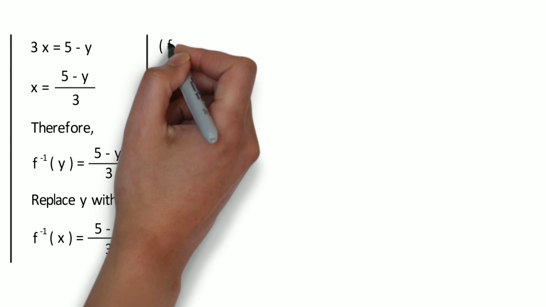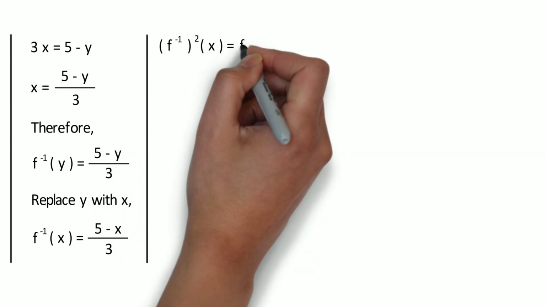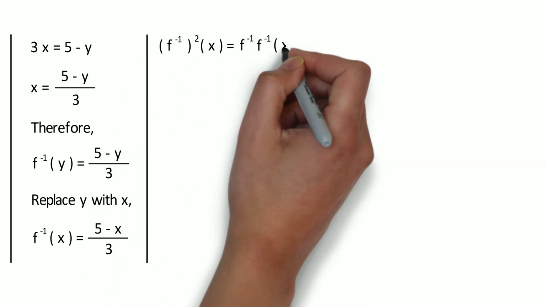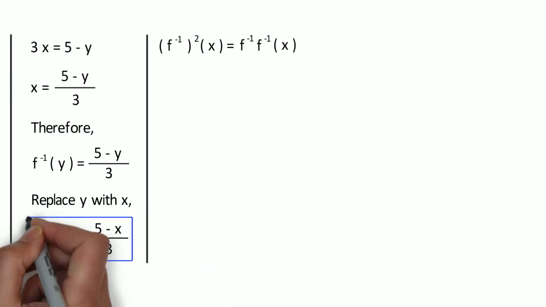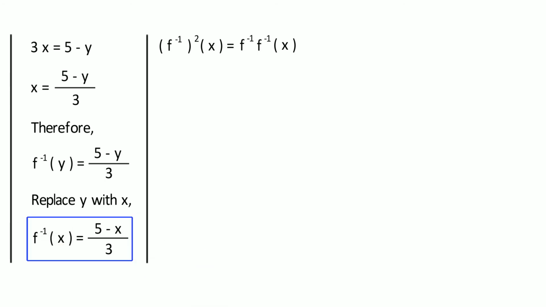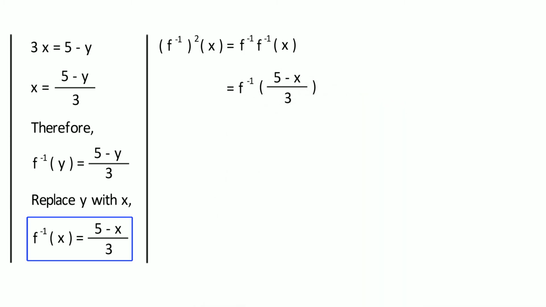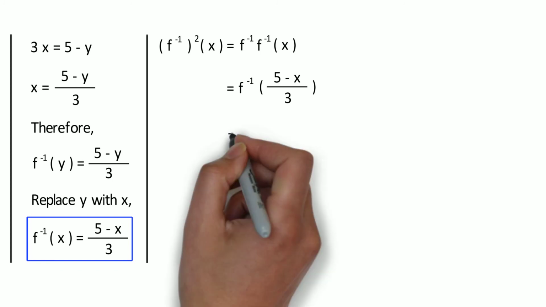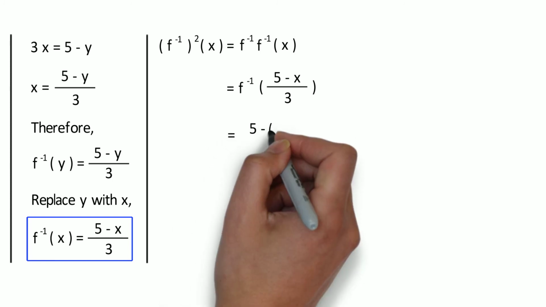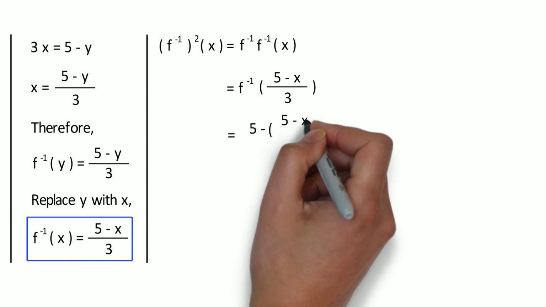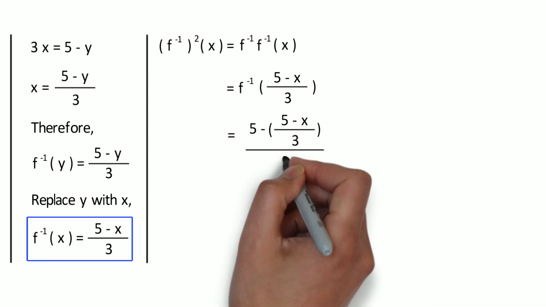Now expand function f inverse squared x and we get function f inverse of f inverse x. Now substitute f inverse x into the equation and we get f inverse with object (5 minus x) over 3. Now put object (5 minus x) over 3 into function f inverse and we get (5 minus (5 minus x) over 3) over 3.